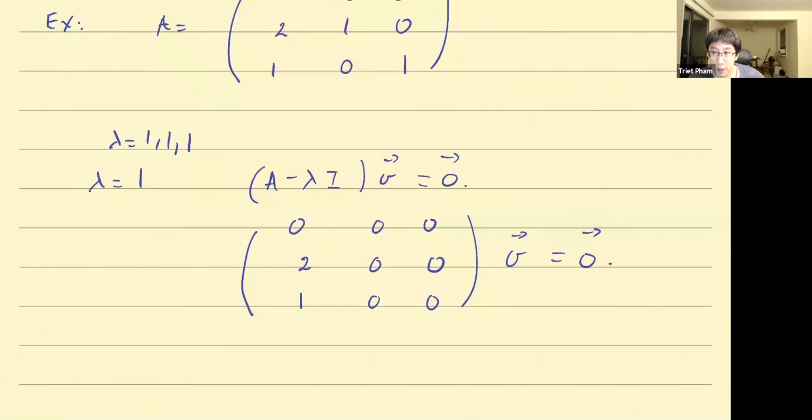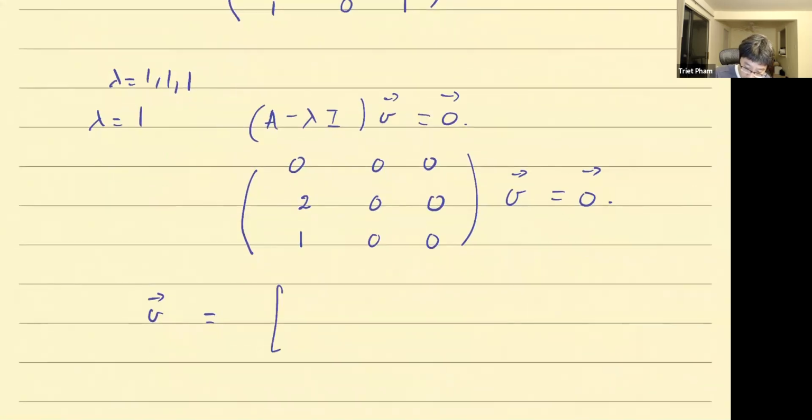How many solutions do I have here? In fact, you see that V here would be 0, C1, C2. Is it okay?